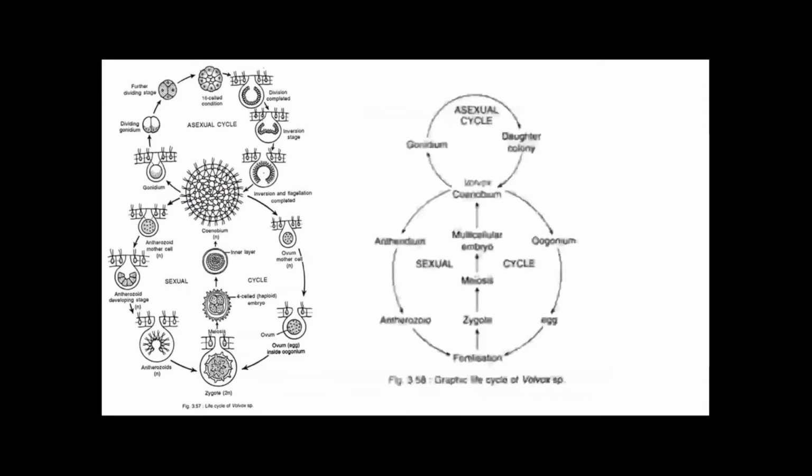So not only do they have an asexual cycle, and this is illustrated on the top right, you can see that the gonidium reproduces daughter colonies.